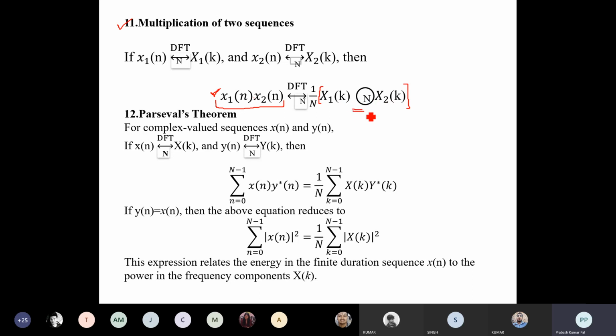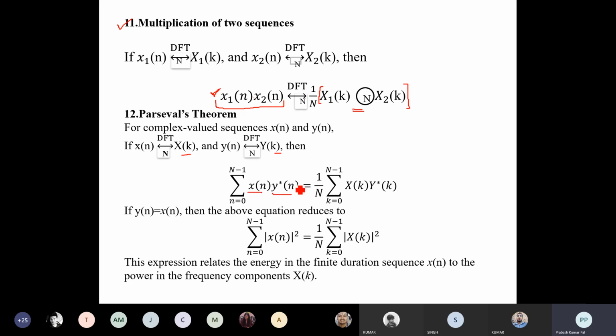Okay, so we will check these properties later as well. And this is Parseval's theorem. For complex-valued sequences x of n and y of n, with these two DFTs, Parseval's theorem is given by the summation for n equals 0 to n minus 1 of x of n multiplied by the complex conjugate of y of n.